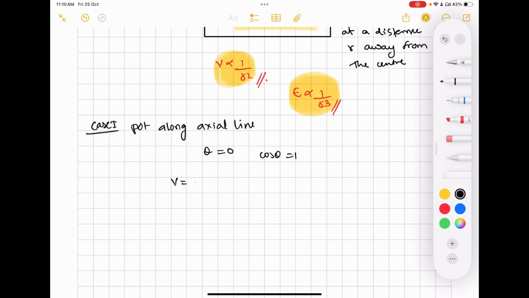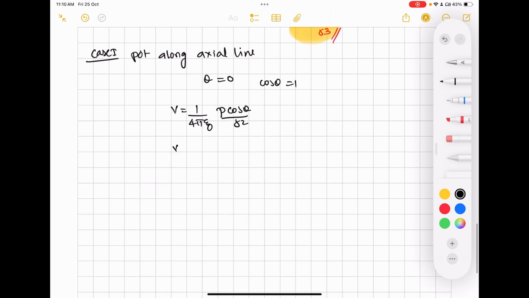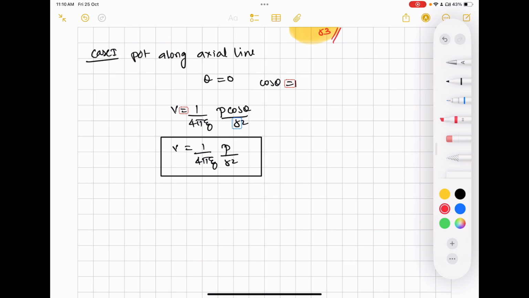So for the potential, we have the expression 1 by 4 pi epsilon 0 P cos theta divided by r square, and with theta equal to 0, V is equal to 1 by 4 pi epsilon 0 P by r square. This is the expression for potential due to a dipole along the axial line. We can see that it is also inversely proportional to r square.